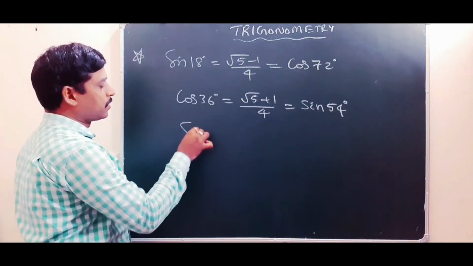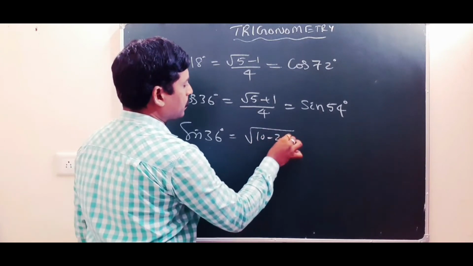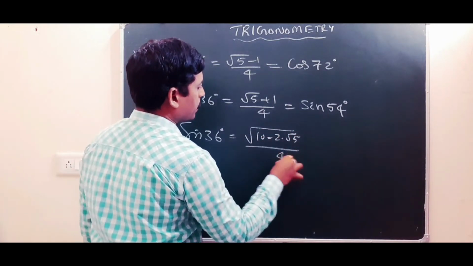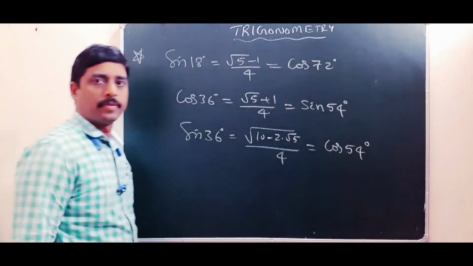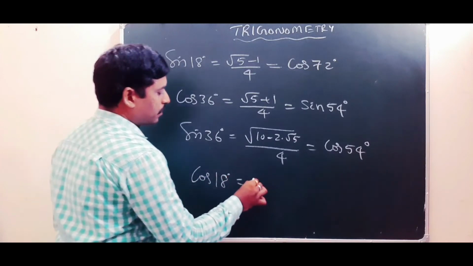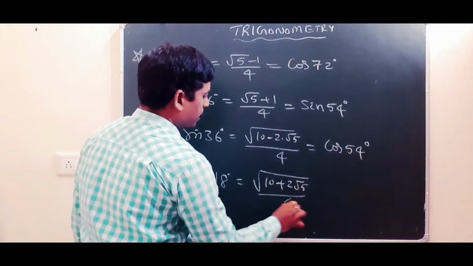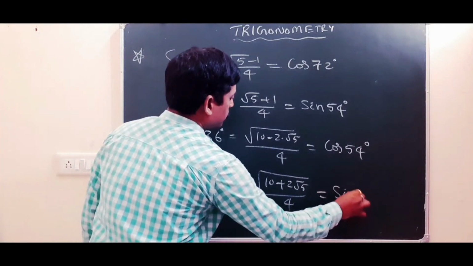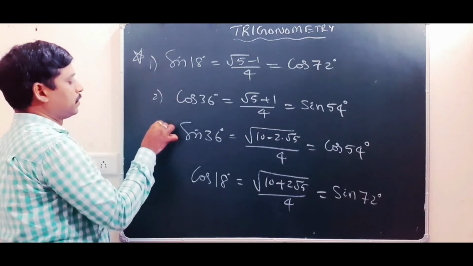Next, sin 36 is equal to root under 10 minus 2 root 5 by 4, and this value will be cos 54. Next, cos 18 value is root under 10 plus 2 root 5 by 4, equal to sin 72. So these 4 values are most important.